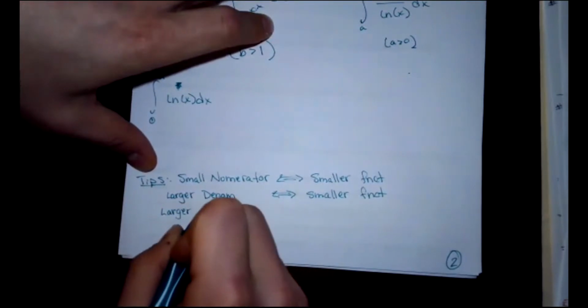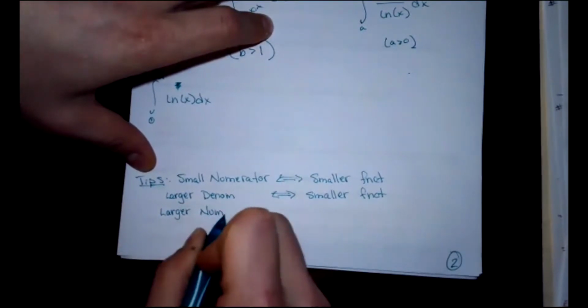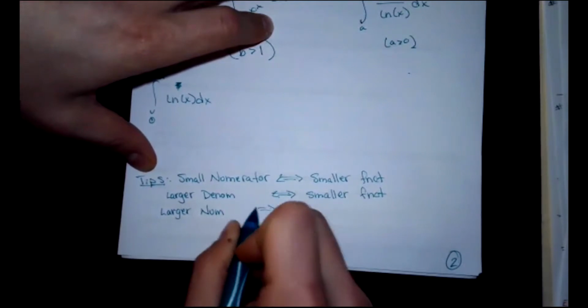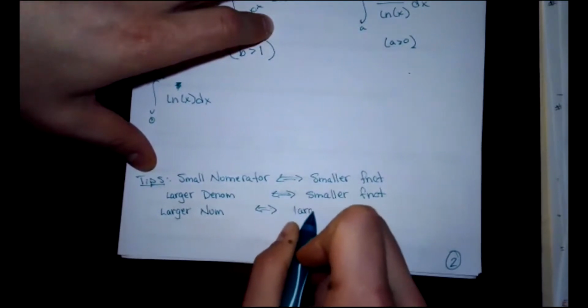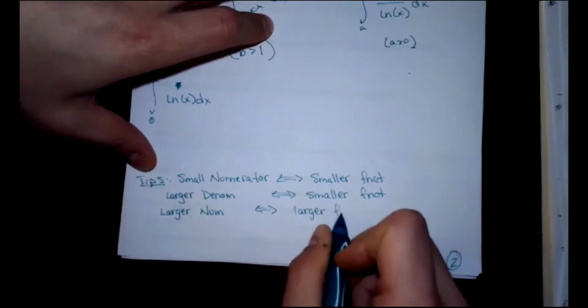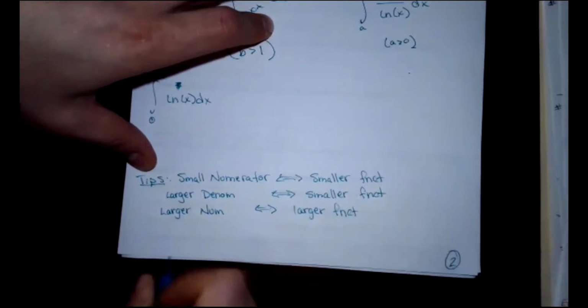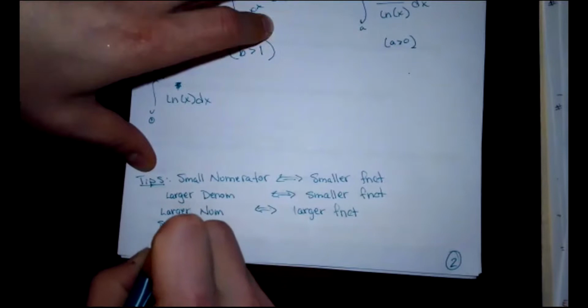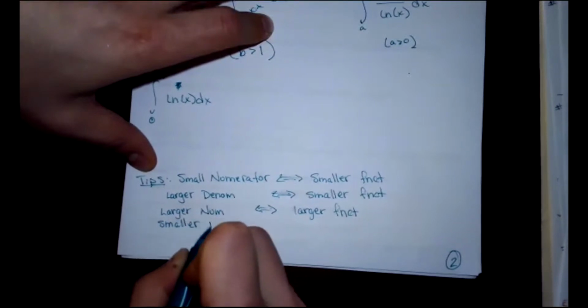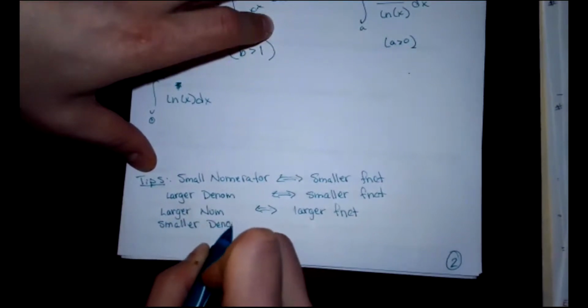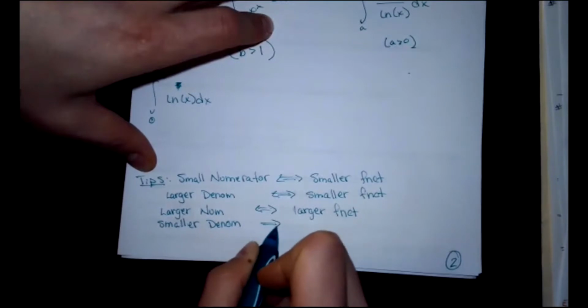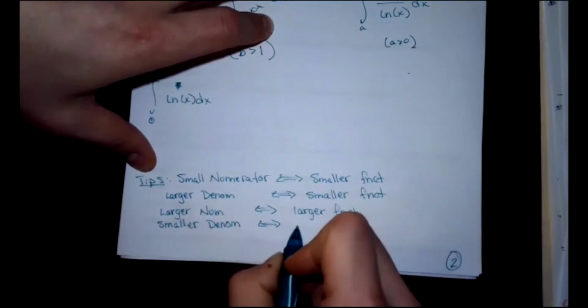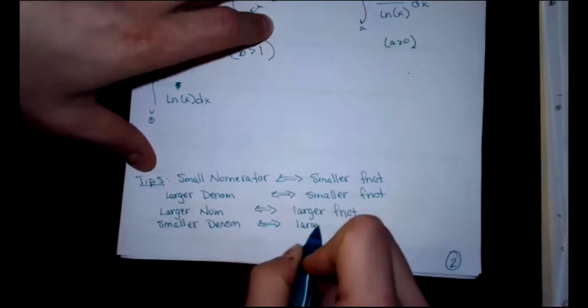And of course, those flip when we change it. So larger numerator gives us a larger function. And a smaller denominator gives us a larger function as well.